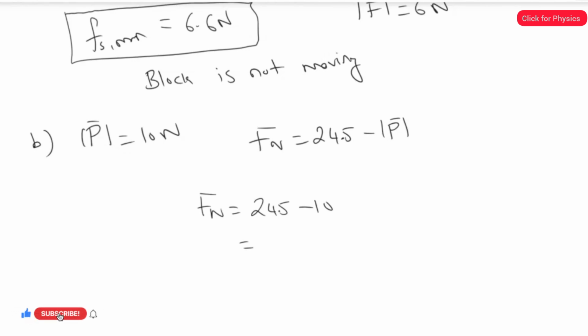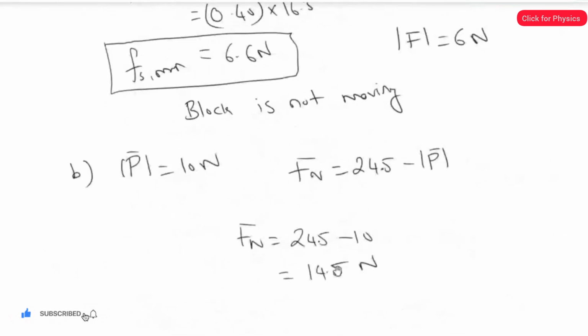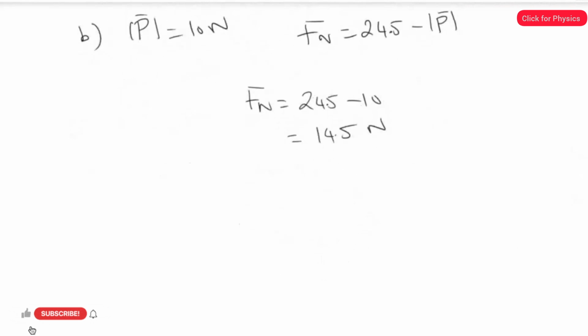So 24.5 minus 10, which is 14.5 Newton. Clear? Because while I was writing the equation, this point is not clearly visible. So actually here we have a decimal point. Clear? So after you substitute the value of P, you have to subtract 24.5 minus 10. We got the normal force as 14.5.